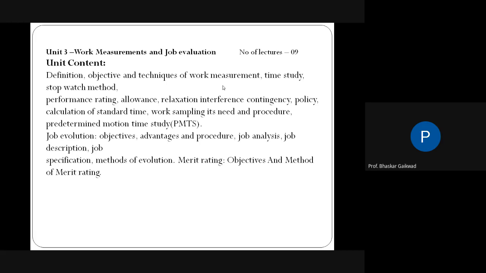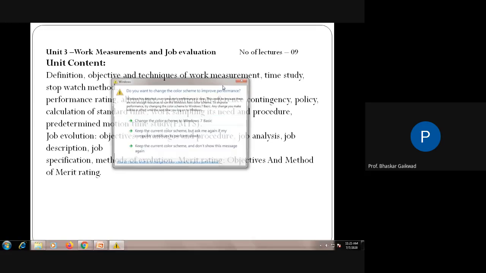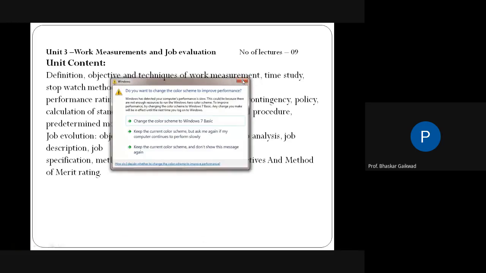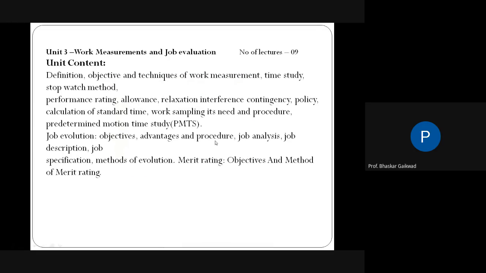This is very important because every time the industry has already decided for a particular post how many rupees will be paid. Correct. Suppose one person is working on a lathe machine, how many rupees will be paid? One person is working on a CNC or VMC machine, how many rupees will be paid? So this is logically calculated on the basis of merit rating.